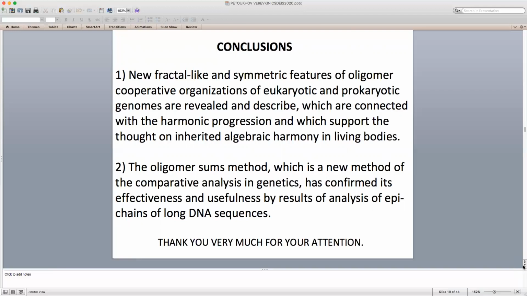Secondly, the oligomer sums method, which is a new method of comparative analysis in genetics, has confirmed its effectiveness and usefulness by results of analysis of epi-chains of long DNA sequences.